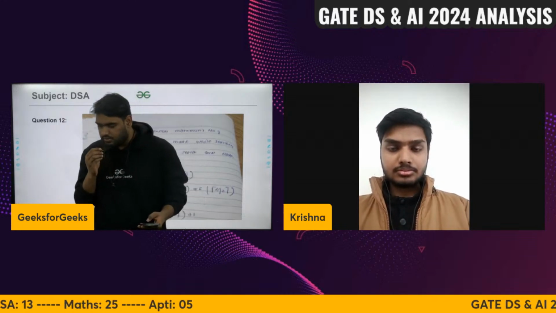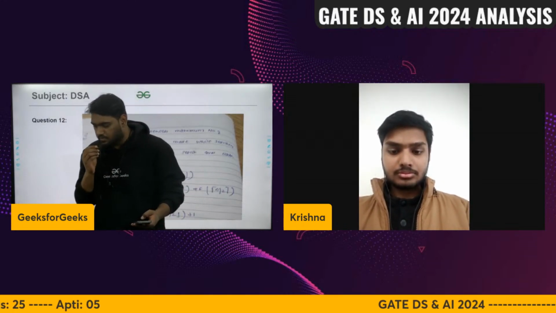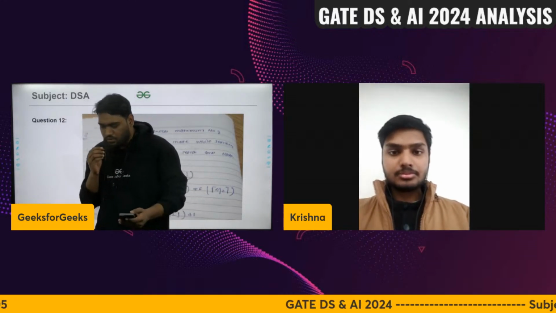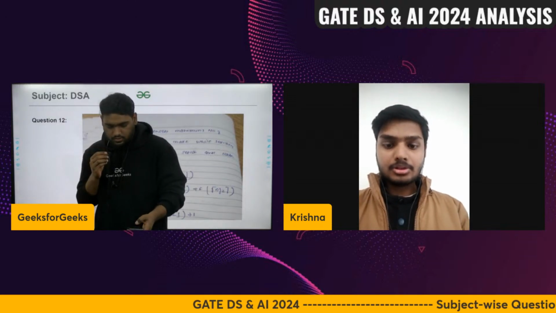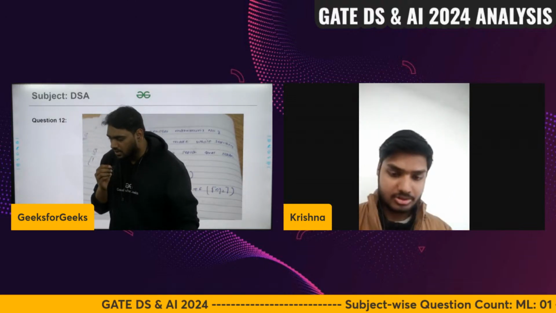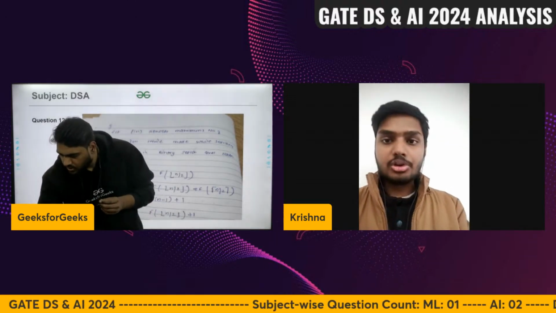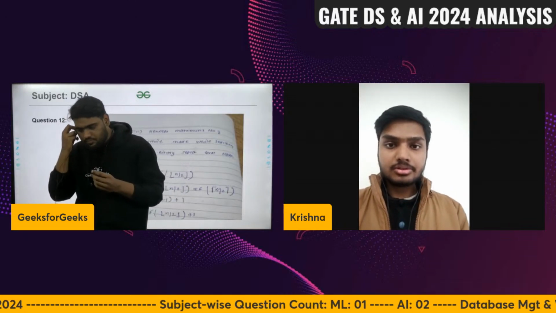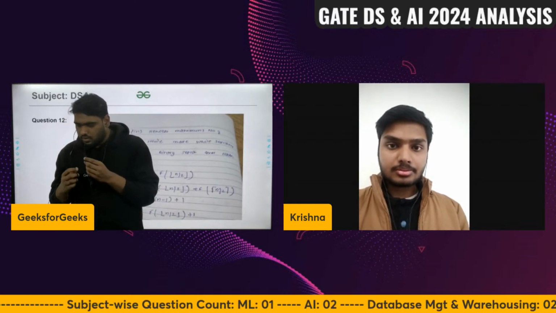Krishna, I guess the echo is from your side because I believe you are not using an earphone, so it must be there. Just give me a second. Now is it fine? Hello.